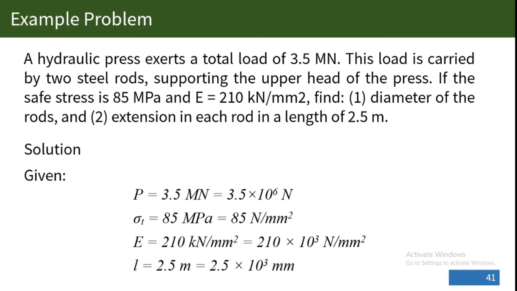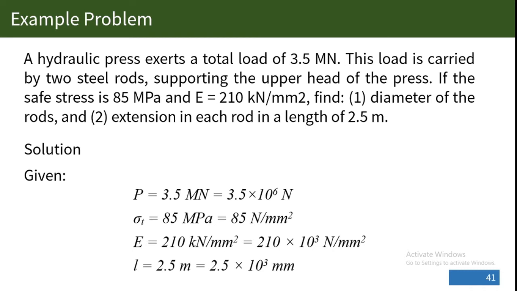So when tackling problems with simple stresses, it is important to first visualize the type of stress, because it may affect the constant factor in the calculation of the deformation.